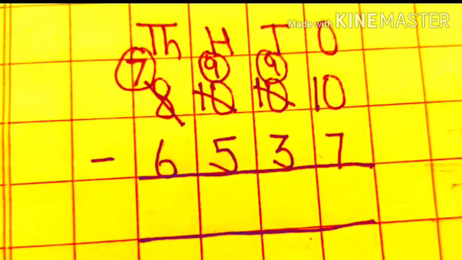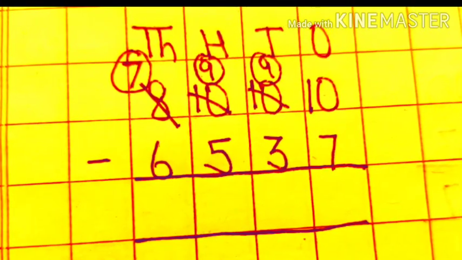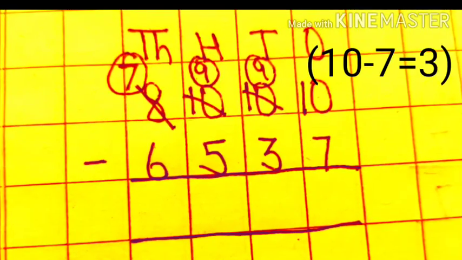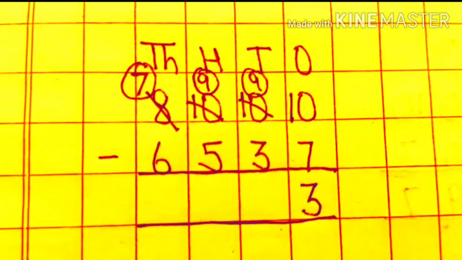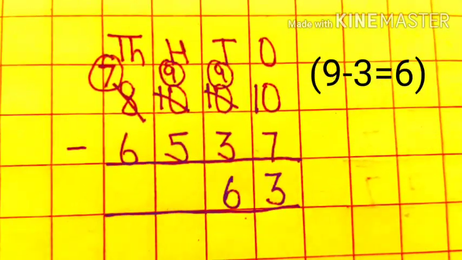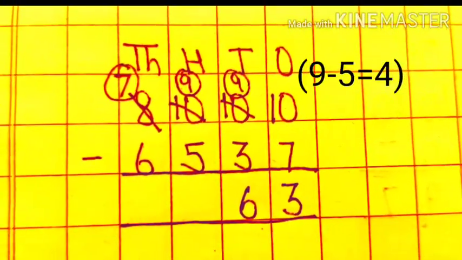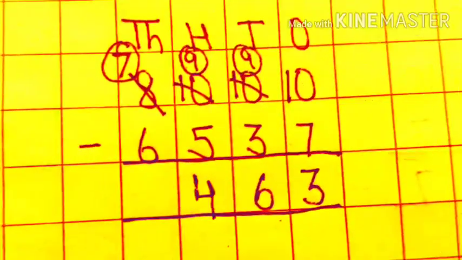Now my dear students, we are ready to subtract. So on a ones place we have 10 minus 7, it will become 3. Very nice. Now in a tens place we have 9 minus 3, which is equal to 6. Now next in a 100 place 9 minus 5, and that is equal to 4.